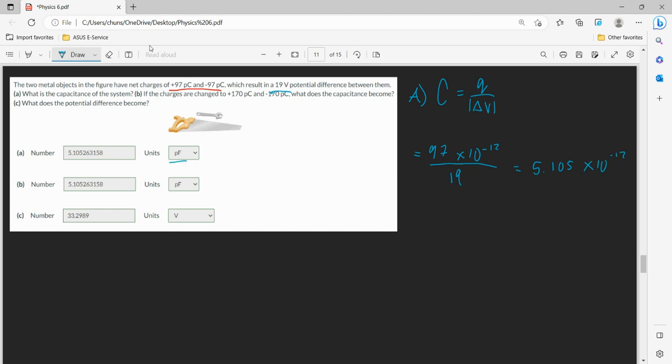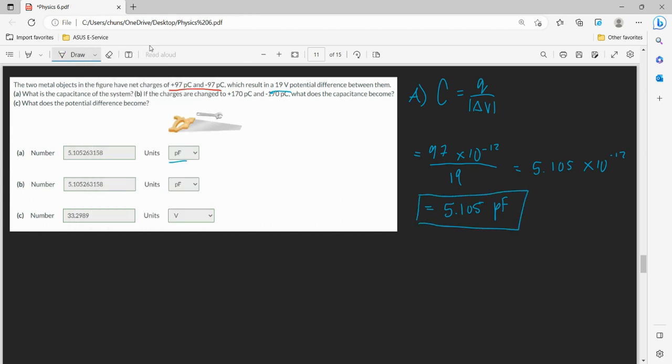And we are answering in units of picofarads, so we can just drop that. And in this case, it doesn't matter which charge we use. I would recommend using the positive one, but in any case, our capacitance is going to be a magnitude value. Picofarads is for our whole system.